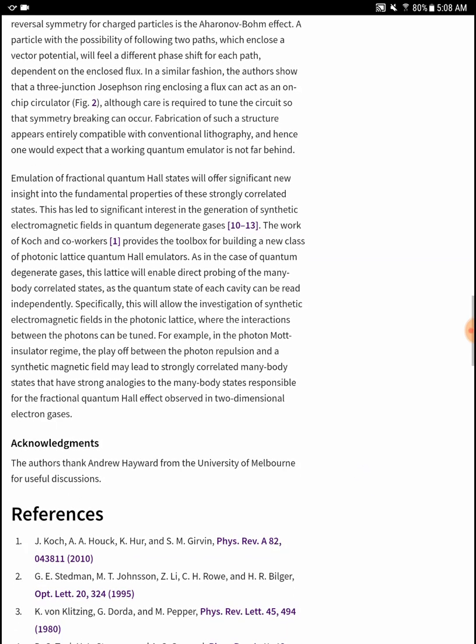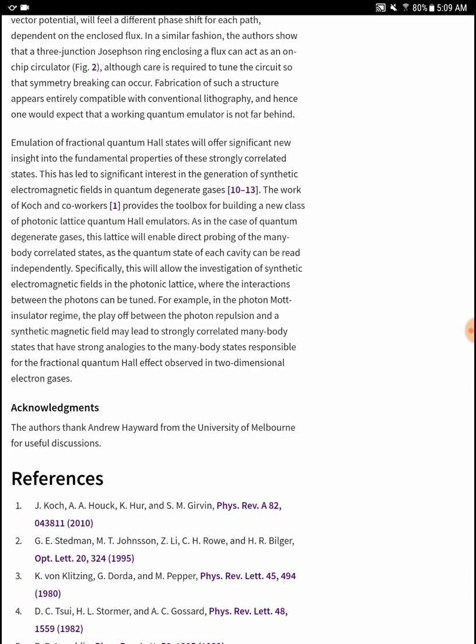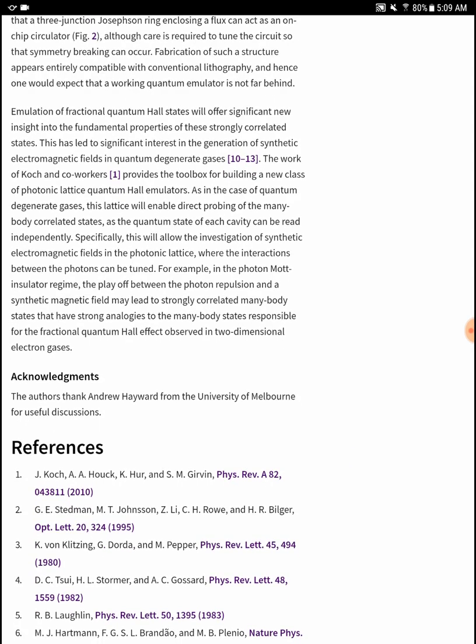In a similar fashion, the authors show that a three-junction Josephson ring enclosing a flux can act as an on-chip circulator, figure 2, although care is required to tune the circuit so that symmetry breaking can occur. Fabrication of such a structure appears entirely compatible with conventional lithography, and hence one would expect that a working quantum emulator is not far behind.